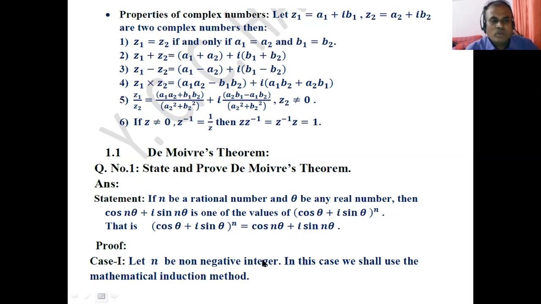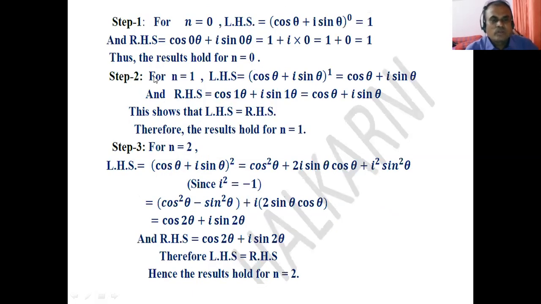Now in case first, n is a positive integer, and there are some steps. Step 1: we consider n equal to 0. The LHS of the statement of De Moivre's theorem is (cos theta plus i sin theta) raised to n, with n value 0.